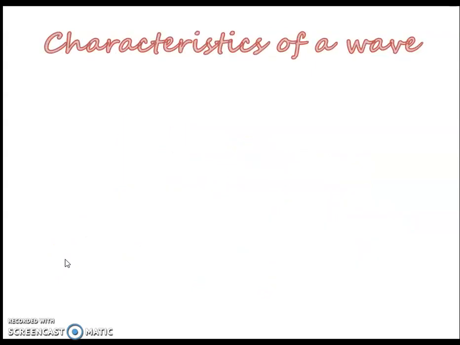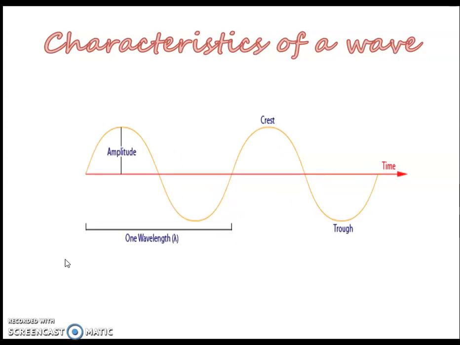We have different properties to characterize a wave. One wave includes a crest and a trough, and it can be considered as one wavelength, or by the usual definition, it is the distance between two crests or troughs. A wave has an amplitude also, which is the displacement of the wave from the rest position.